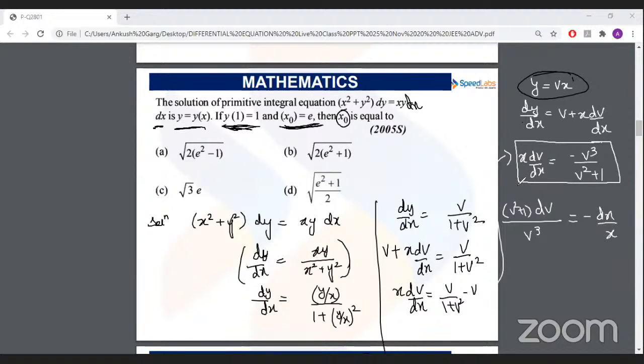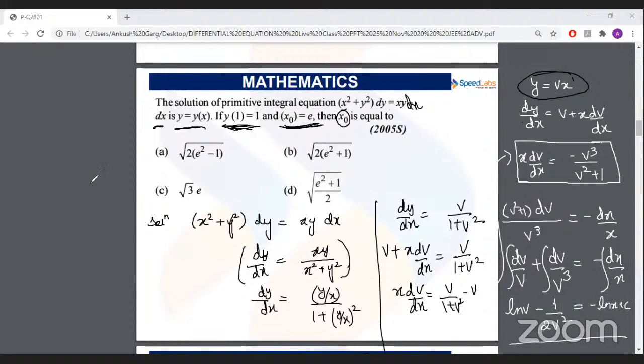So this will simply integrate. Here, just separate it: v² dv upon v³ will become dv upon v plus dv upon v³, that is equal to minus dx upon x. Now integrating both the sides, dv upon v gives ln v, 1 upon v³ will basically be minus 1 upon 2v², right? And equals minus ln x plus c.